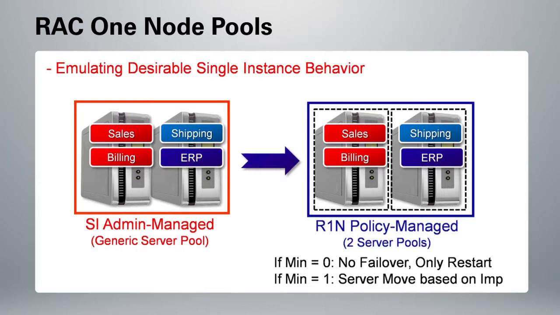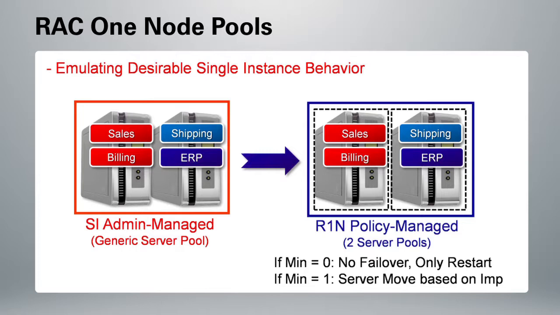And so instead of the admin managed approach, which would cause a failure of databases to collapse on top of each other, you can actually put groups of RAC One Nodes into a single server pool of size 1, and all they'll ever do is restart there. You won't have them collapse. If you want them to collapse, they can, or if you want them to steal a server, they can steal a server.